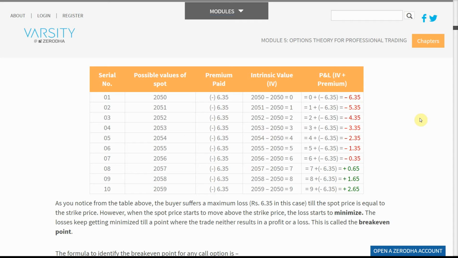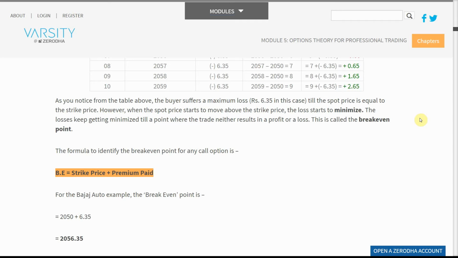05: 2054, 6.35, 2054 to 2050 equals 4, plus 6.35 equals 2.35. 06: 2055, 6.35, equals 5, plus 6.35 equals 1.35. 07: 2056, 6.35, equals 6, plus 6.35 equals 0.35. 08: 2057, 6.35, equals 7, plus 6.35 equals plus 0.65. 09: 2058, 6.35, equals 8, plus 6.35 equals plus 1.65. 10: 2059, 6.35, equals 9, plus 6.35 equals plus 2.65.